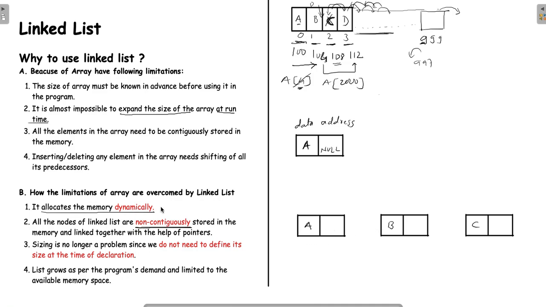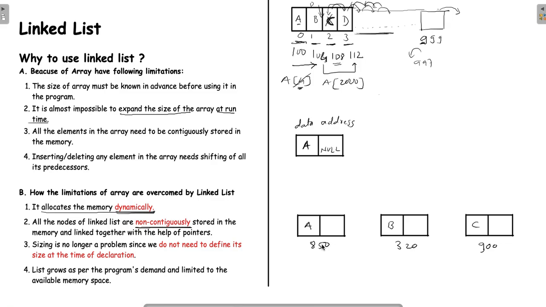As it is a dynamic memory allocation, every block will get a dynamic memory which is not in sequence. It will get any memory. So I'll keep random addresses. For example, 850 is the address of this block, 720 is the address of the second block, and for the third block the address is suppose 900. You can keep any addresses. It doesn't matter because that will be allocated by your functions, and the memory can be anything.